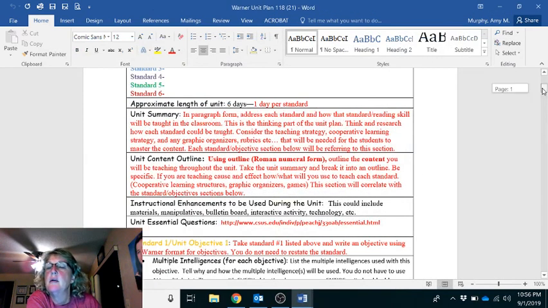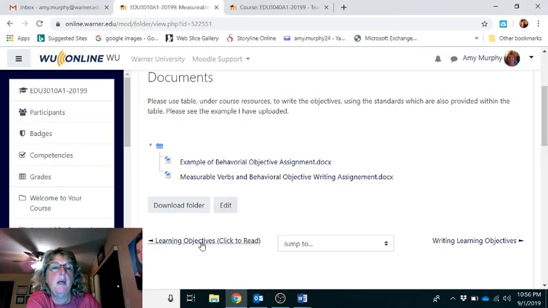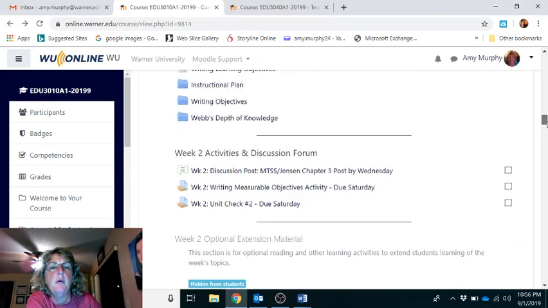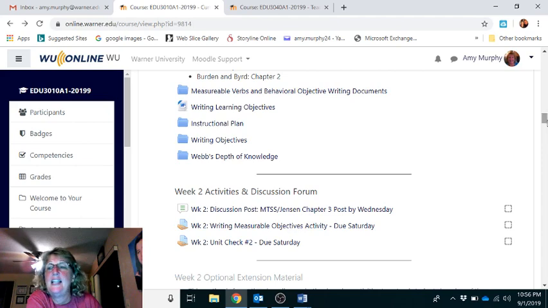The second assignment this week is a big one. This is the unit summary. Last week we had a little bit of trouble. Some were thinking that they needed to complete the entire unit template. You did not. If you will be sure to read the news forum, I give very specific directions, even more than I'm giving here.